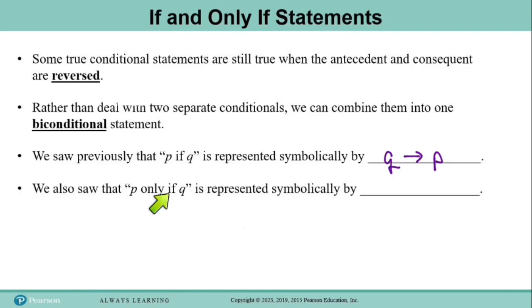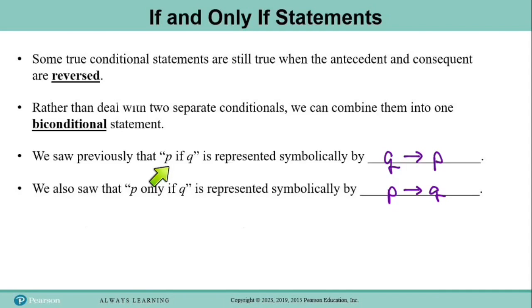And we also talked about only if, and we said if you have P only if Q, then when you write this symbolically, the P and the Q will stay in the same order. So this would be written if P then Q. So here's our pair of conditional statements, and both are true.